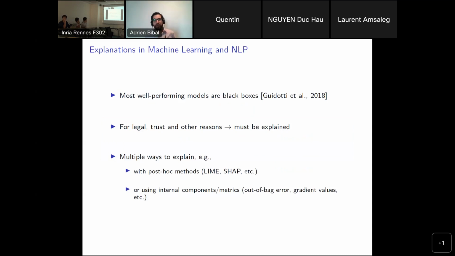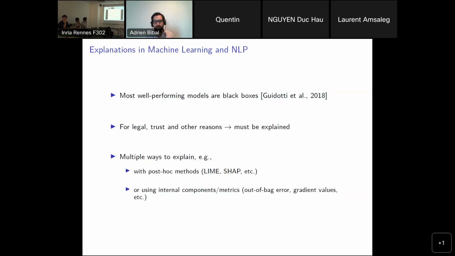Okay, so first of all, many complex black box machine learning models are used today, mainly because of their performance, but for many other reasons, like legal reasons or trust, we need to explain these black boxes. And there are multiple ways to do that.